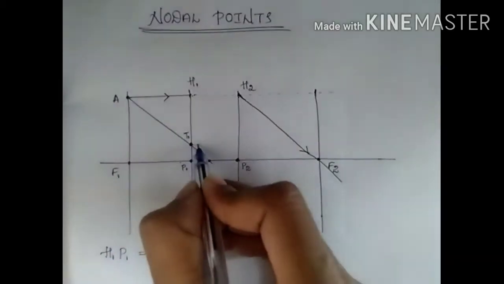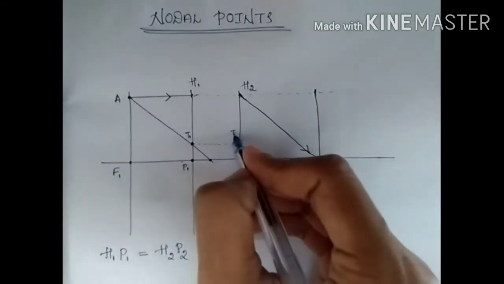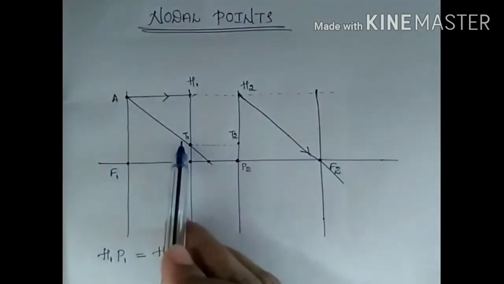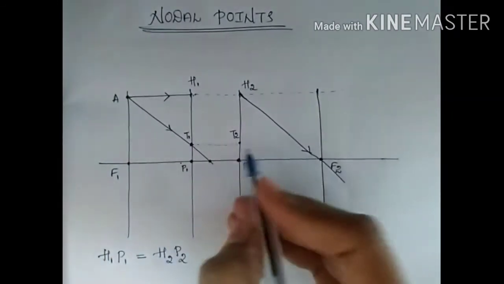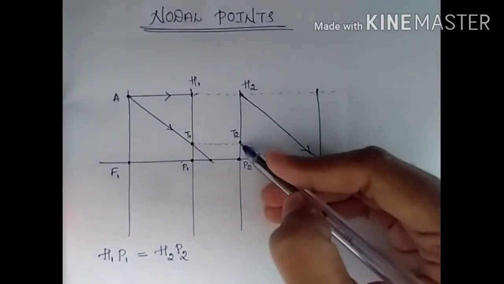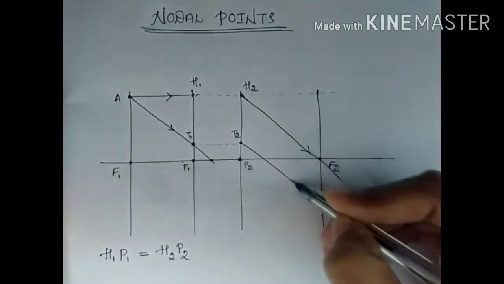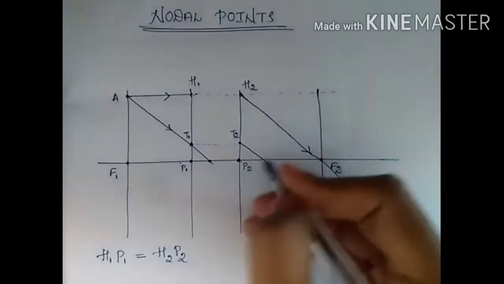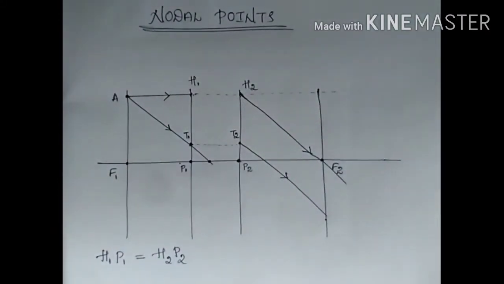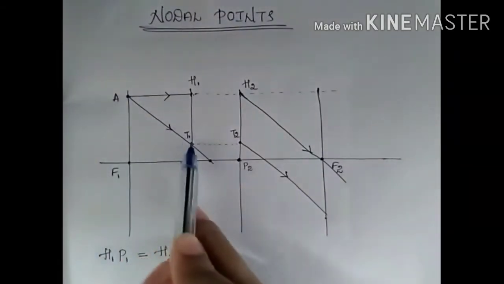Here T2 is again a point on the second principal plane. This ray will emerge from this T2 point, and this ray should be parallel to this ray. So if I draw, this is the emergent ray of the second ray, that is AT1.